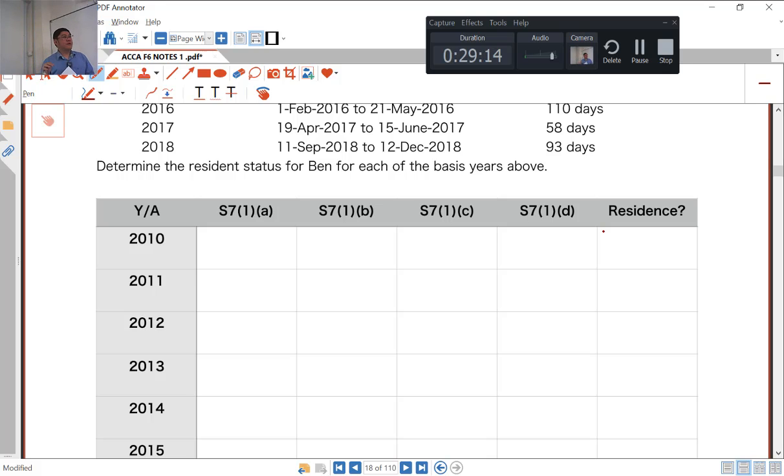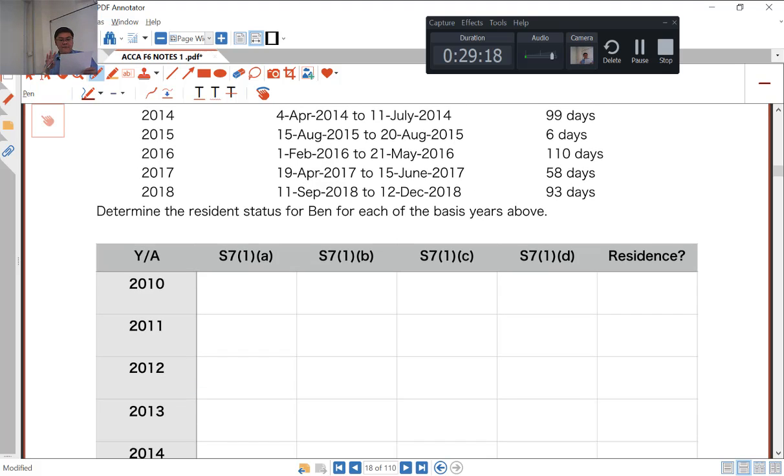So in 2010, he's only here for 43 days, right? So can he be a resident by virtue of 7.1a? No. So I just cross it out, no. If the answer is no, you will move on to the next section and ask yourself, what about 7.1b?